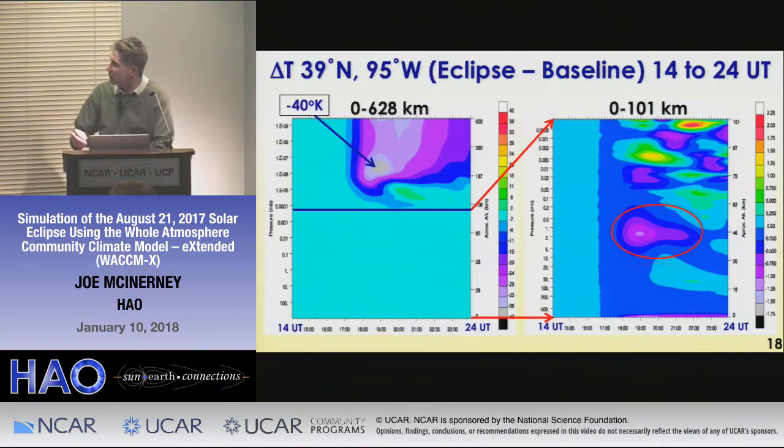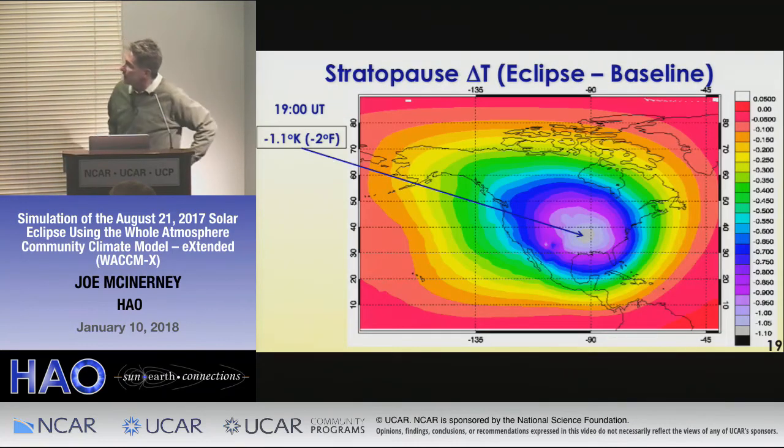We can now go and look at this near the stratopause. We can look at this cooling with the same map, same representation over the U.S., at the same time when the eclipse was just passing off the southeast coast of the U.S. Again, this is the temperature difference between the eclipse and the baseline. Here we get a smaller difference, only about a 2-degree difference up in the stratopause region.